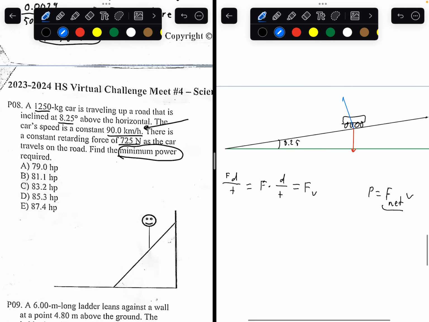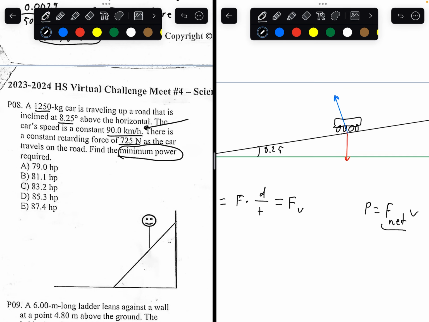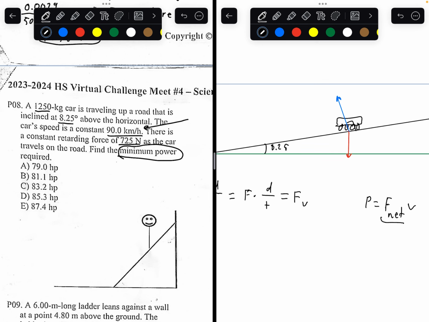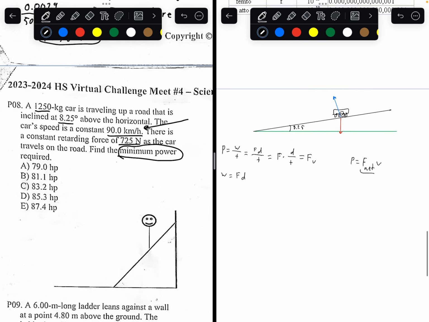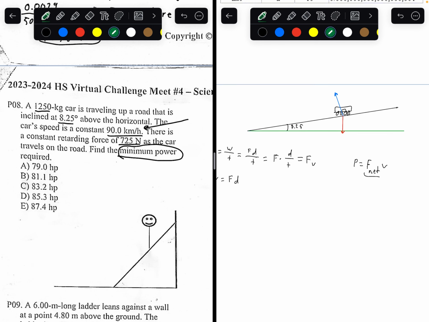So the blue line's your normal force. The arrows are not meant to scale, by the way. That's perpendicular. And there's also a retarding force, drawn in brown.